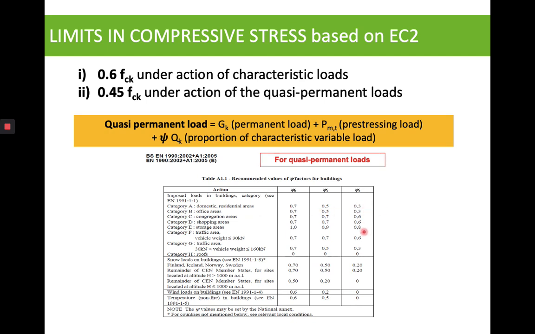If we are designing a bridge, for example, or a parking structure, the value of the factor becomes 0.6, and for roofs, the value is equal to 0. This factor is what we are going to multiply with the Qk value, which is the variable load.